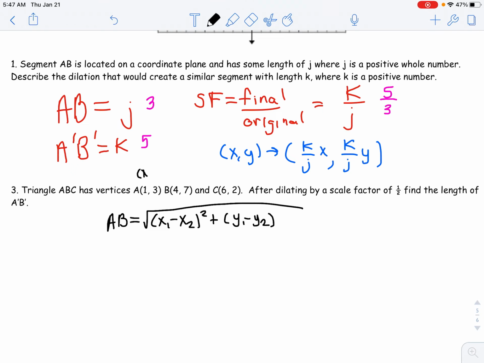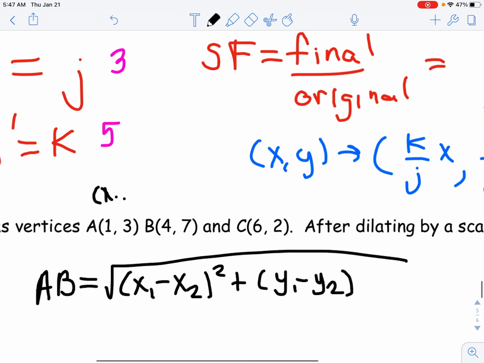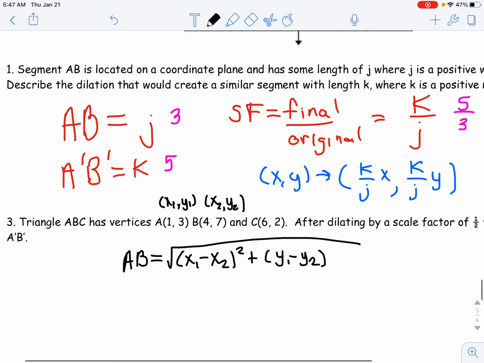Alright, I'm going to label my points. Now I'm just going to plug in my points.